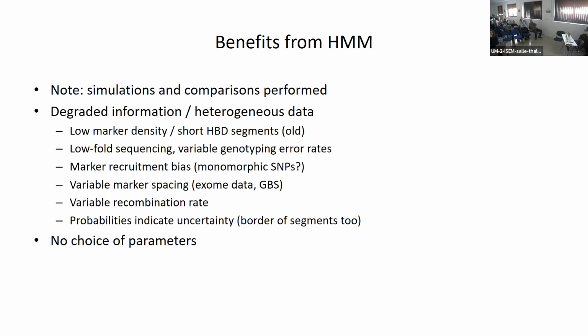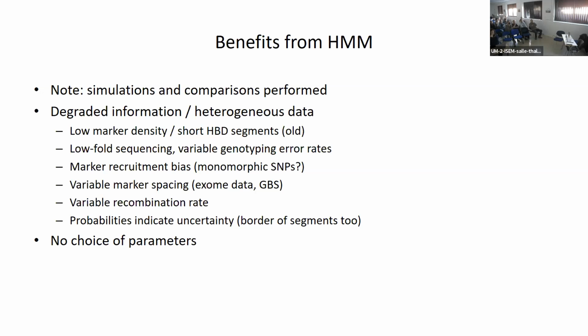So a few words on the benefits of the hidden Markov models. I just want to say that of course we compare this with other models, to test the properties, etc. But I don't want to compare it too much here. Compared to the ROH approach with PLINK, when you have a lot of information, both methods will give you approximately the same results. And the Markov models will be more interesting when you have degraded information.